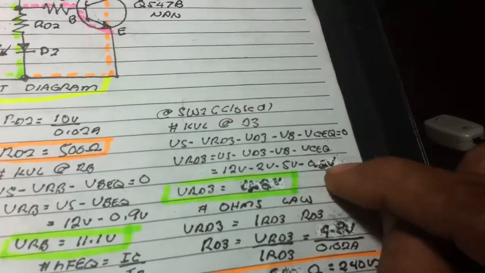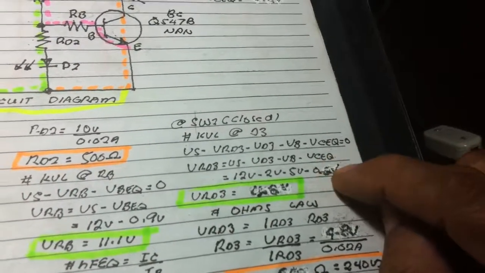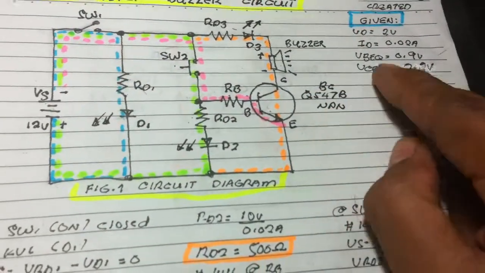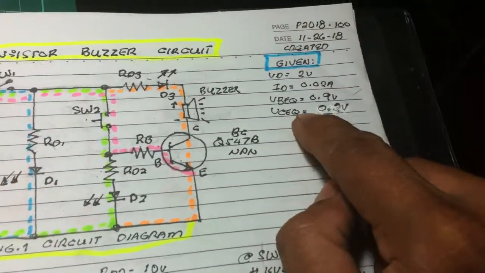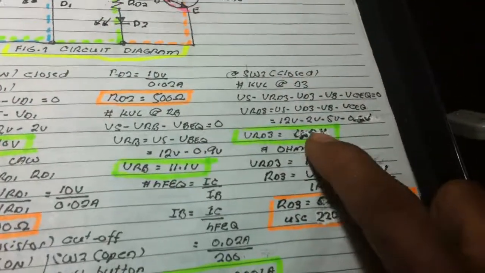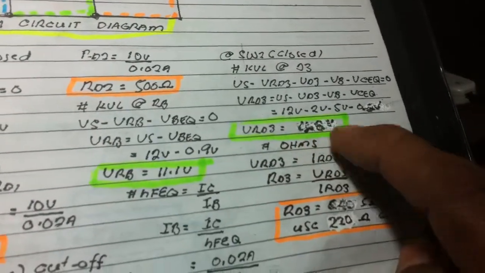And then the datasheet also gives the transistor collector to emitter junction voltage, 0.2 volts. That is given in the datasheet of the transistor, 0.2 volts. Calculation, we got 4.8 volts.